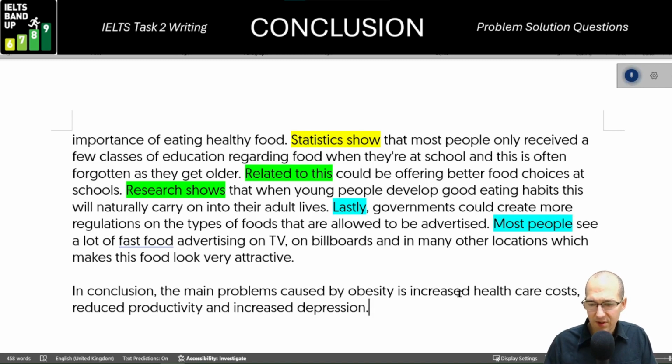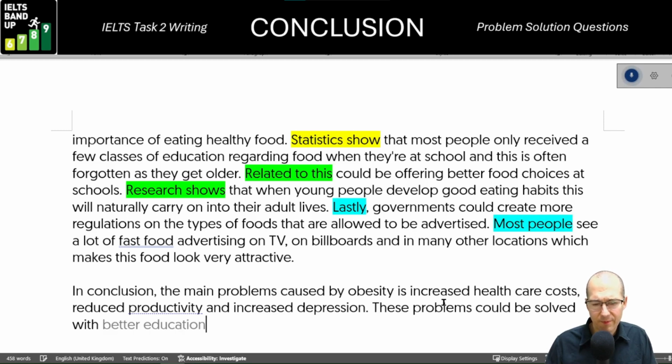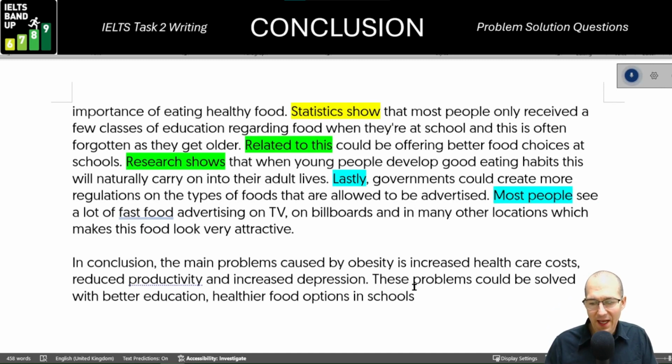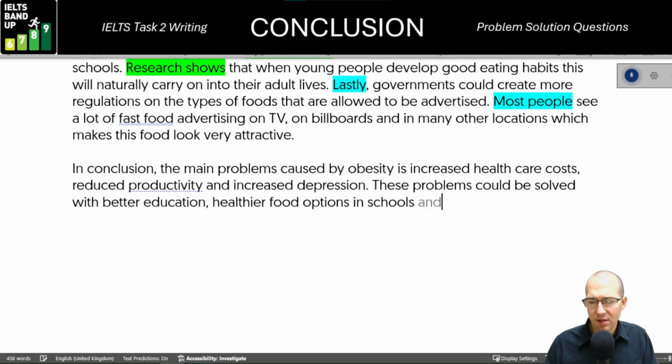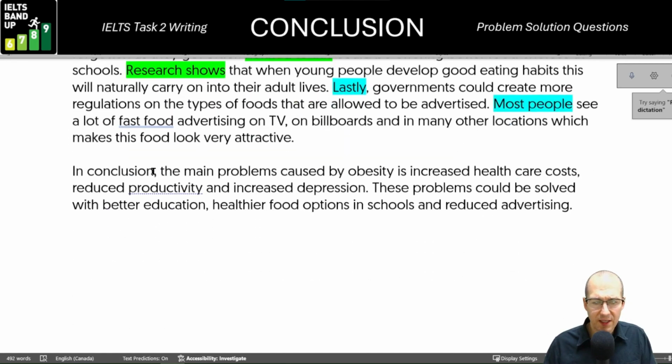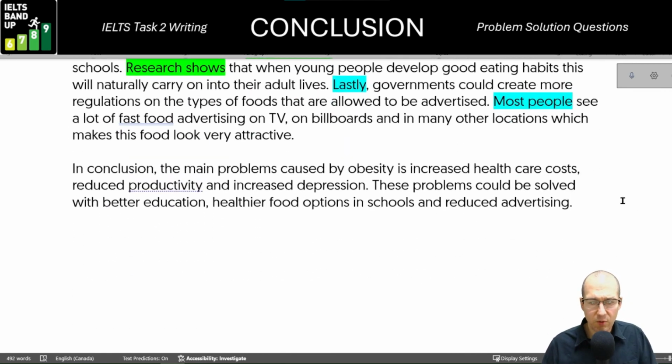These problems could be solved with better education, healthier food options, schools, and reduced advertising. Right? So that would be enough, right? And then you would probably get a good score for this.